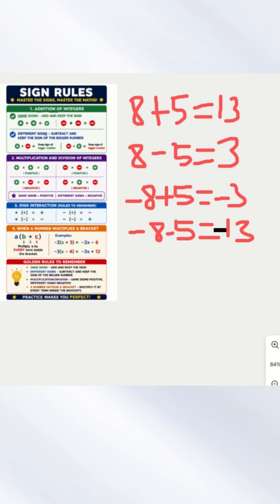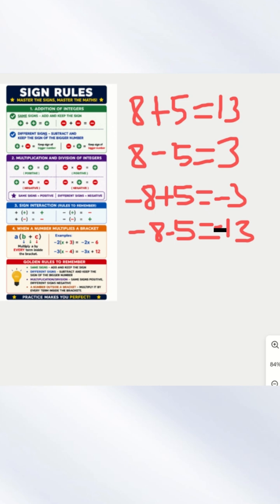Once you add it, you keep the sign, you maintain the sign. So this is the same sign, +8 and +5. You add it and the answer is positive. -8 and -5. You add it and the answer will be negative, -13. So -8 minus 5 is -13.